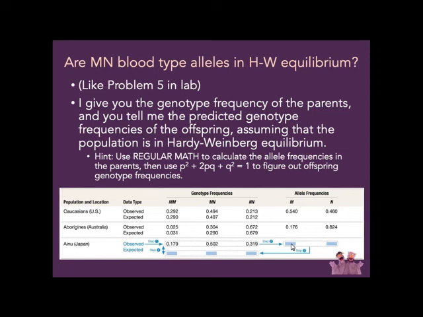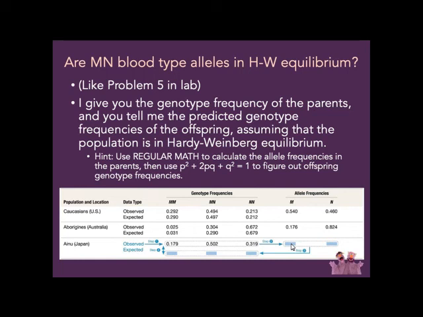I would take 0.179 and add it to half of 0.502. Good. And then what would you calculate to get N? I would take 0.319 and add it to half of 0.502.